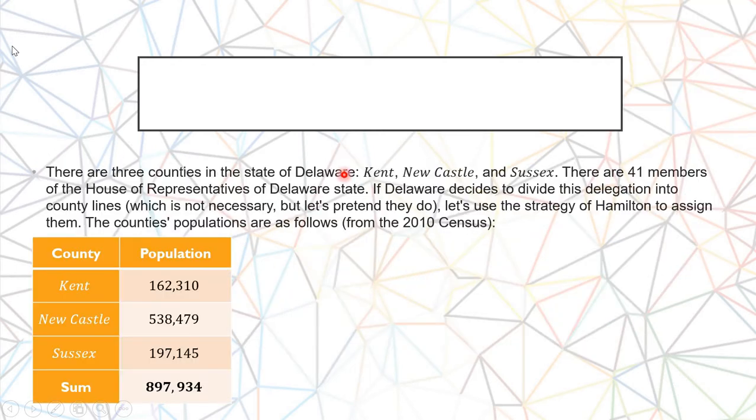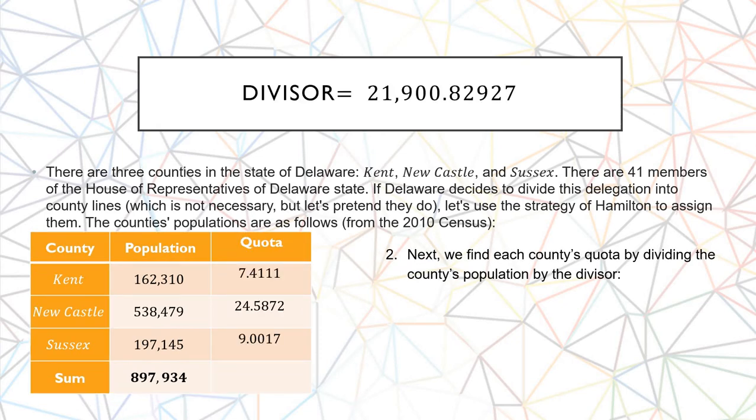So we use exactly the same problem. We still have 41 members. The first step is still the same. We find a divisor, and we do the same process for the next step, which is finding the quota of each state using the divisor, which is 21,900.82927.